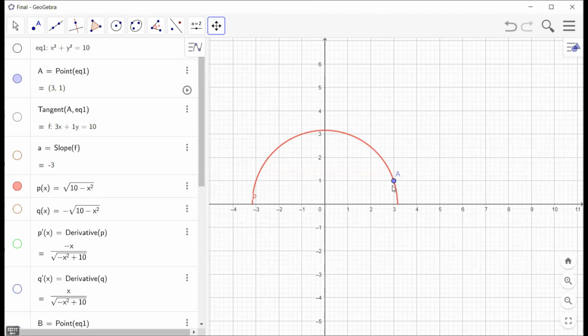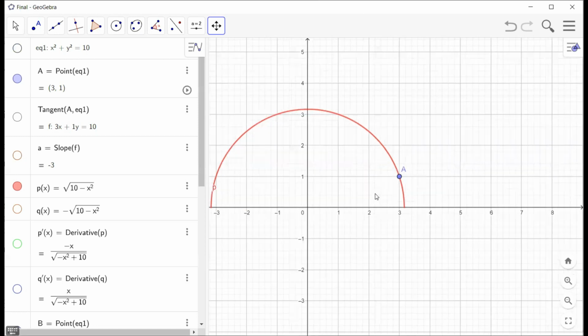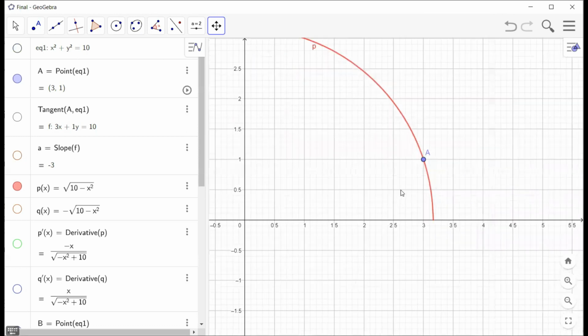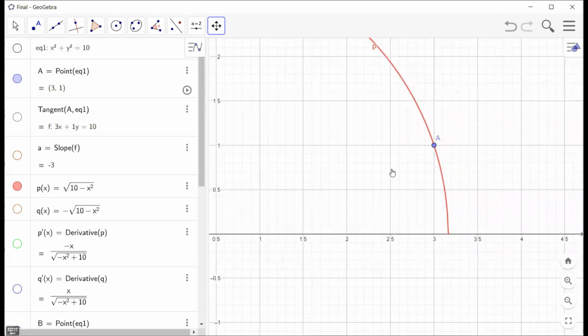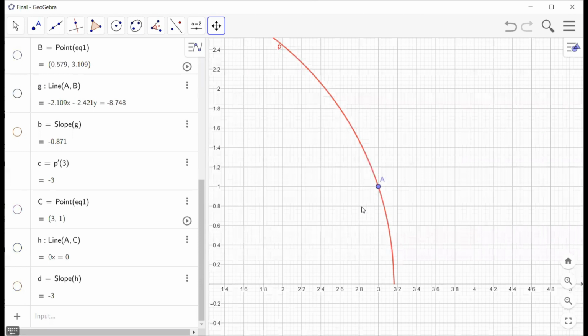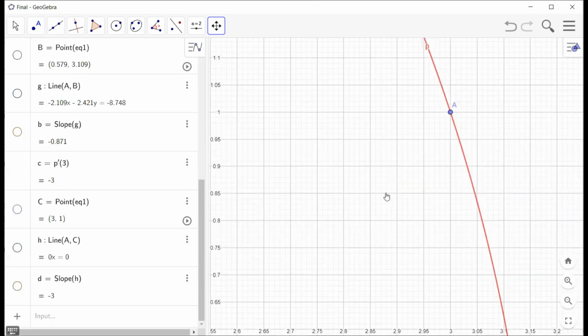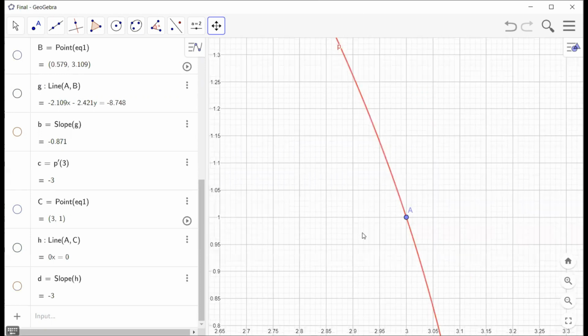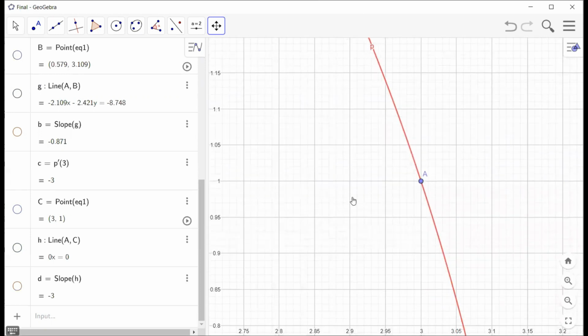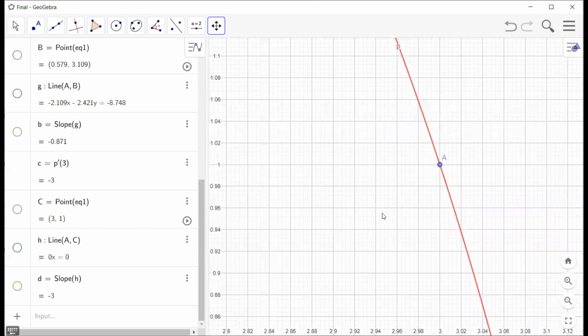We will first explain a method by zooming in on the curve at point A. If we zoom in at A several times, we can deduce that the curve approaches a straight line.